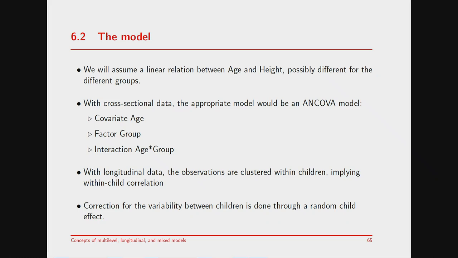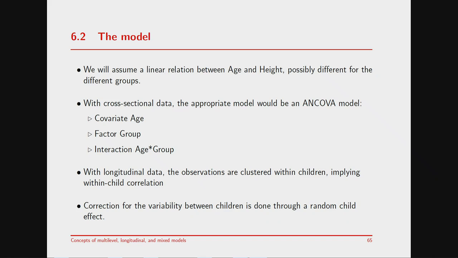Of course, we do realize that there is clustering in the data set, and we have to deal with that. We already know that from last week. So what we will do is exactly the same as what we did last week. We will take this analysis of covariance model, and we will just add a random term, a random effect to take into account the variability between the children. Last week, it was the variability between the patients in the captopril data set, or the variability between the mothers.